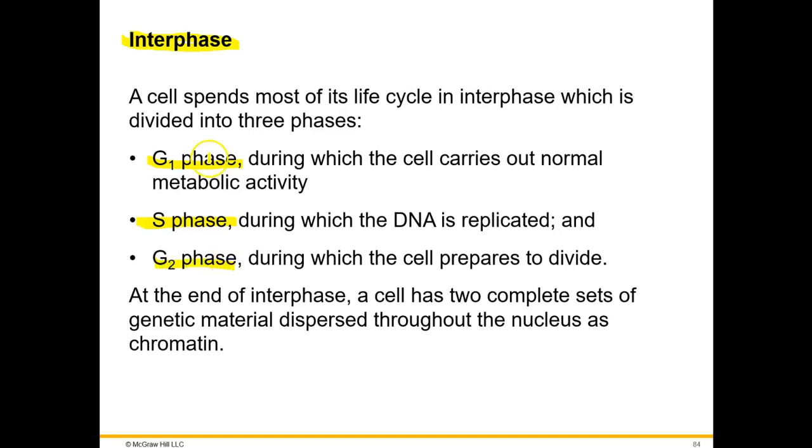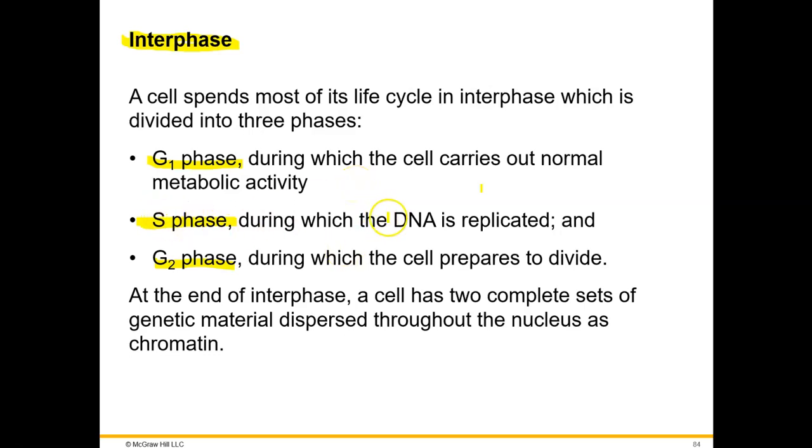In the G1 phase, all of the organelles in the parent cell are copied so that the daughter cells, the new cells that are formed after cell division, they each get a copy of the same organelles that were in the parent. So G1 is when the parent cell copies its organelles.